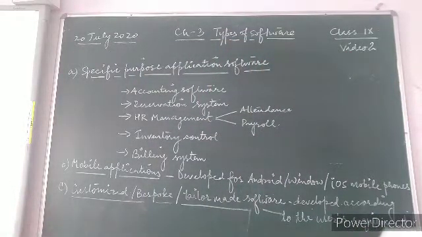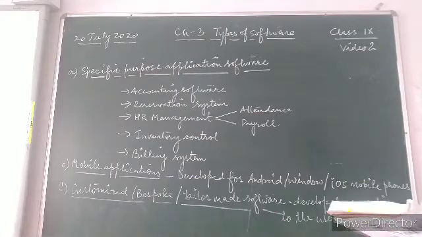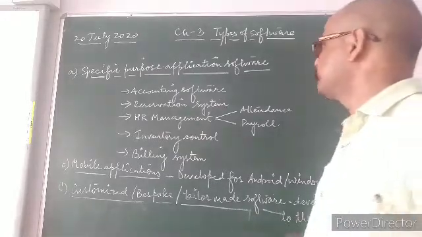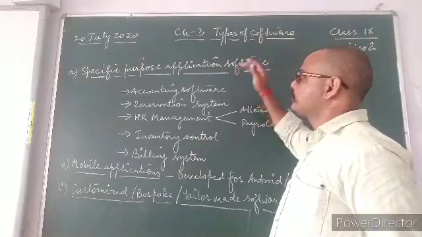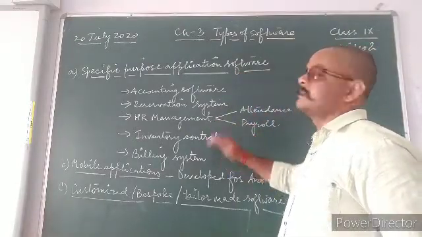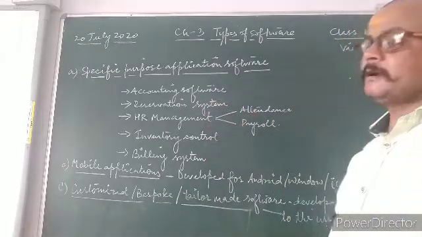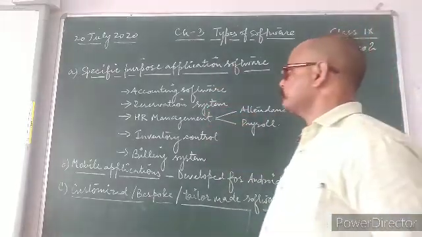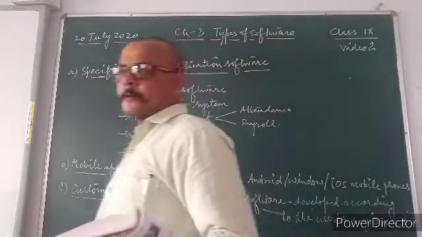Specific purpose application software can be categorized in the following categories: accounting software, reservation system, HR management, inventory control, billing system. So one by one I am going to tell you about that. Accounting software. Have you heard about Tally?